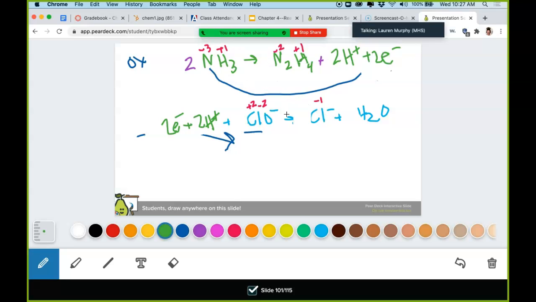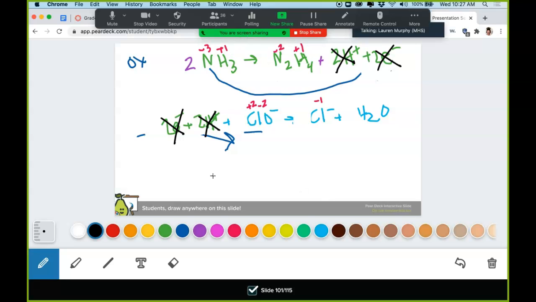So I don't have to multiply by anything, but I still have to cancel. I have 2 electrons on the left, 2 electrons on the right, 2 hydrogens on the left, 2 hydrogens on the right. I only have water here. I don't have water anywhere else. So this is it. Now this is the point in a basic equation where you would locate the hydrogen ions and add the same number of hydroxide ions. So the question is, are there hydrogen ions floating around in there?